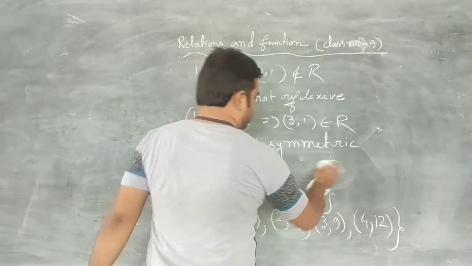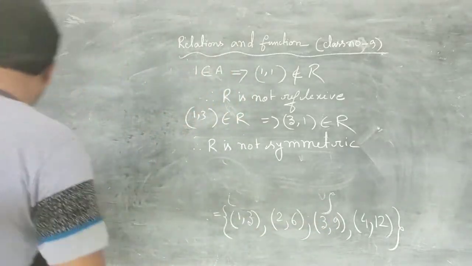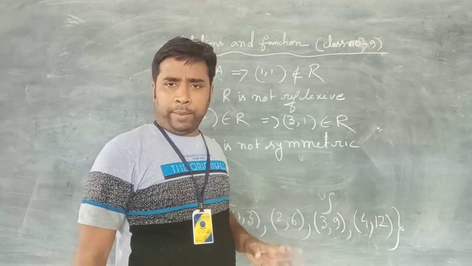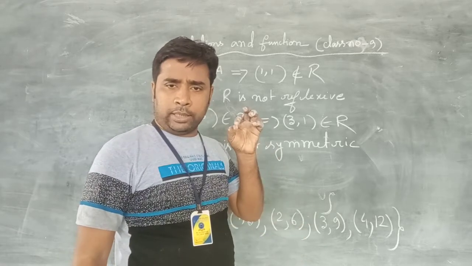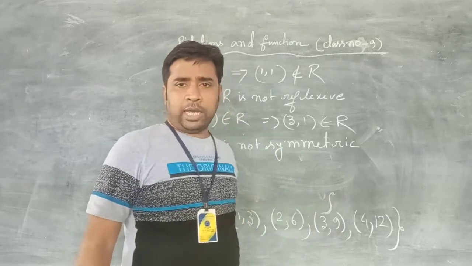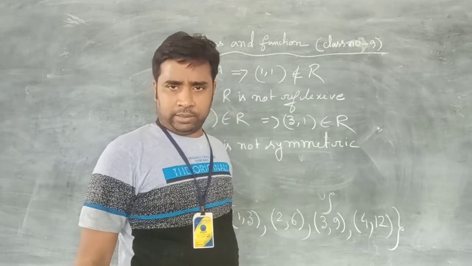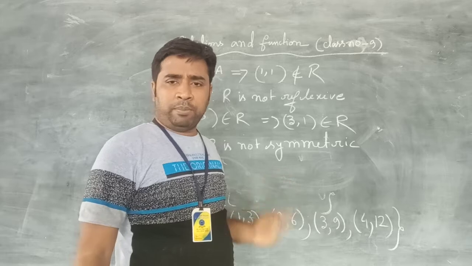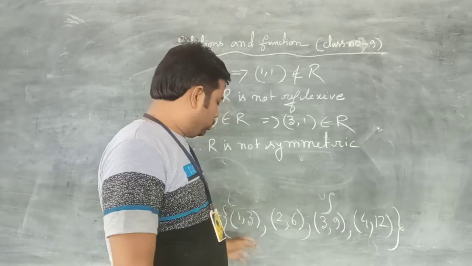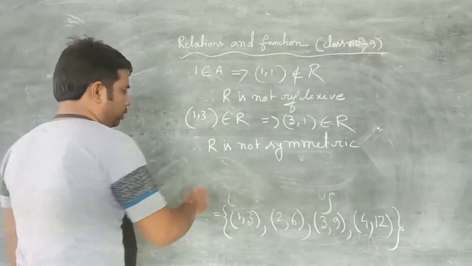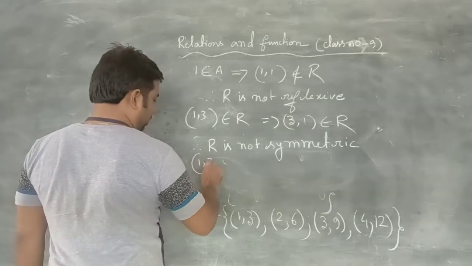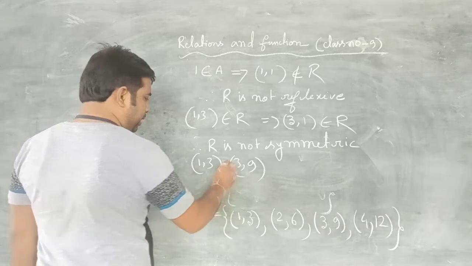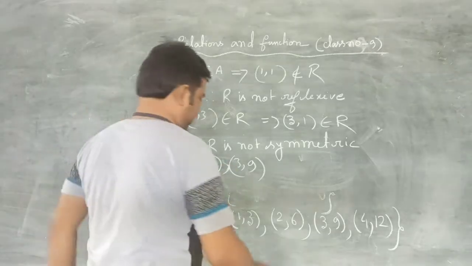Next, we will see whether R is transitive or not. We consider (1, 3) and (3, 9). Why am I taking these elements? Because the conditions are satisfied by these two elements only. So we shall first take only those elements which satisfy the conditions.